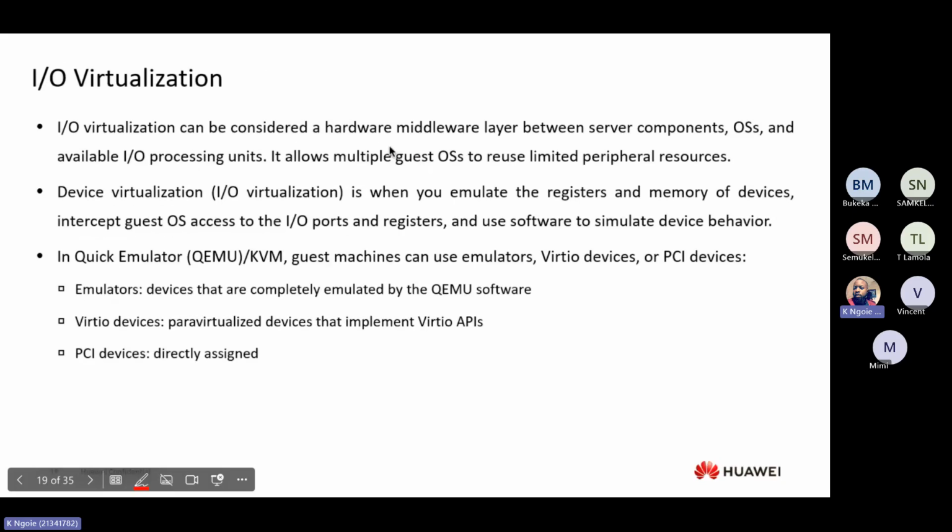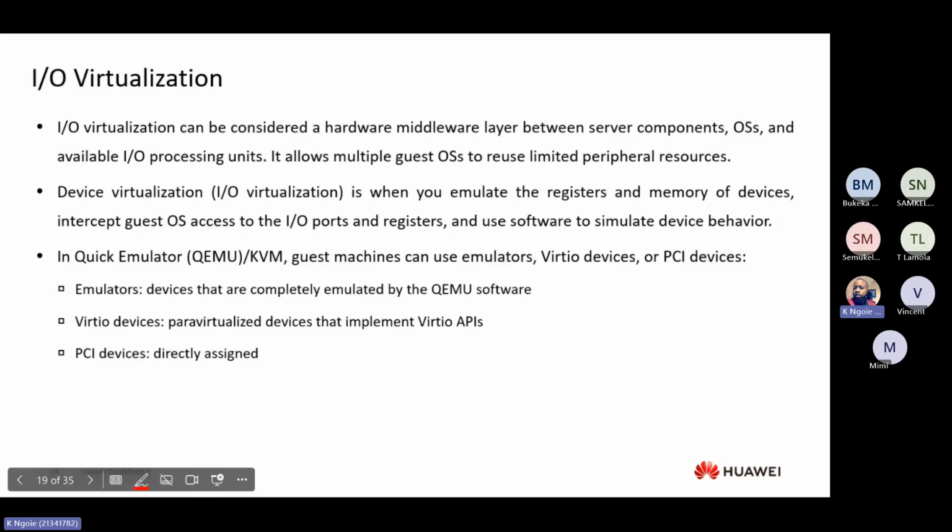So still talking about I/O virtualization, which is very, very crucial. When we look at I/O virtualization, this can be viewed as a hardware middleware layer positioned between the server components, the operating system, and the I/O processing units, which are your network card, your storage controller, your USB interfaces.